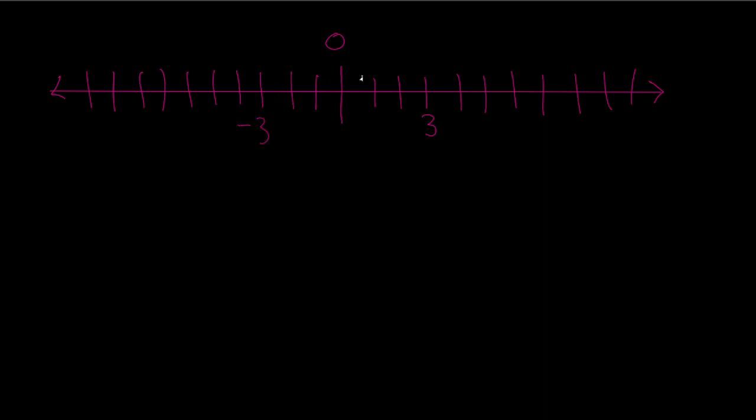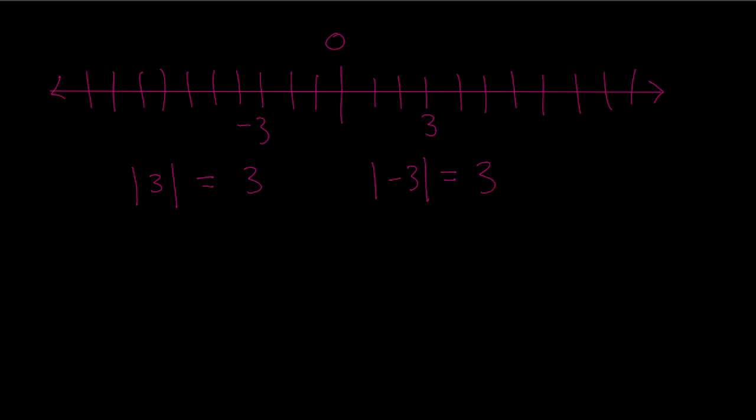If I only count the spaces I'm hopping, I hop 3 spaces to the right to get to 3, and I hop 3 spaces to the left to get to -3. And so we can call this an absolute value. We put these 2 bars around the number, and we're talking about the number of spaces. The answer to an absolute value will always be positive. So if I want to know how far -3 is from 0, it's 3 spaces.